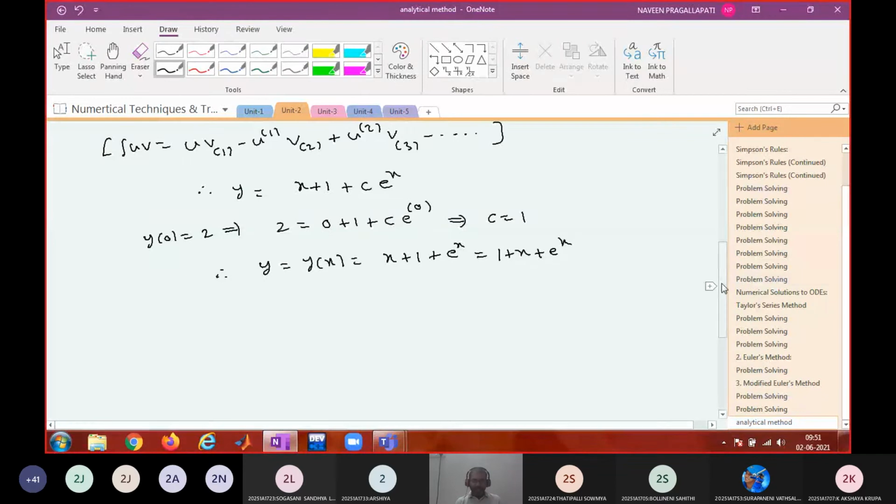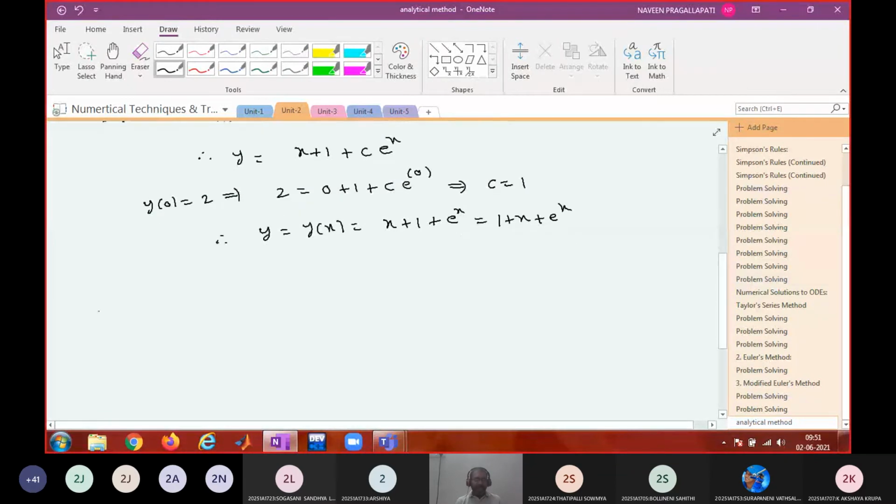So shall we prepare the table like this? Point xk, yk approximation, or yk equal to y of xk.